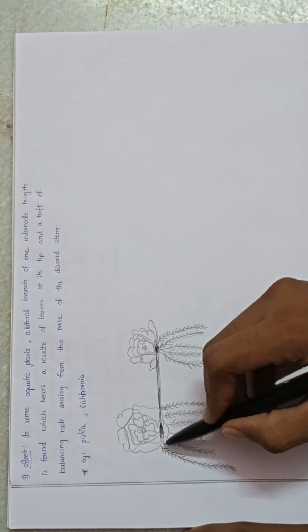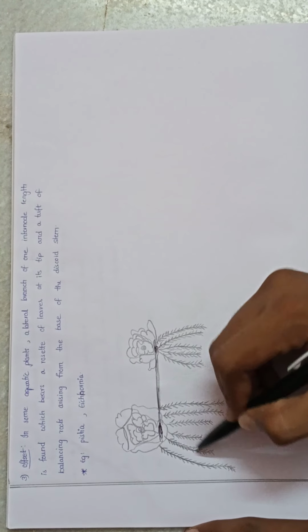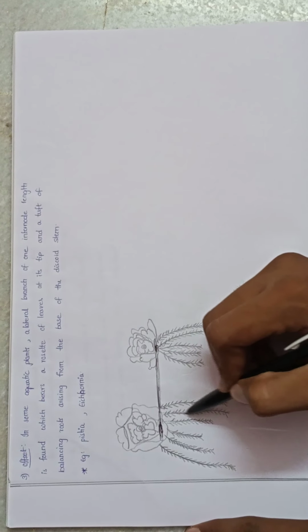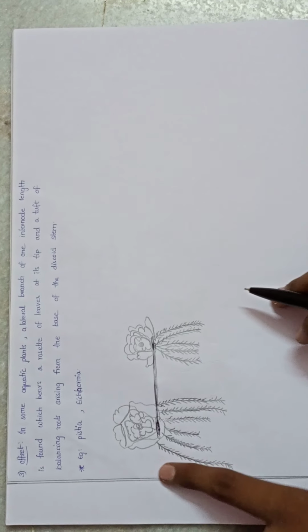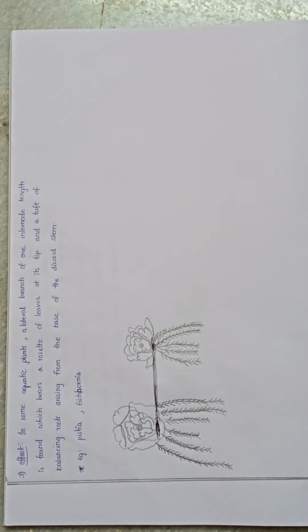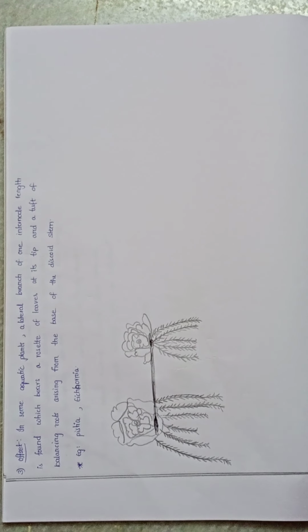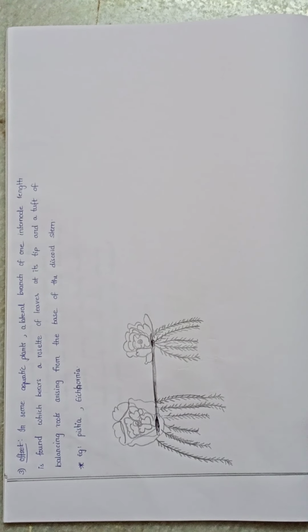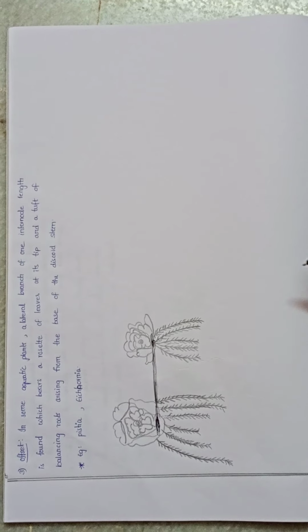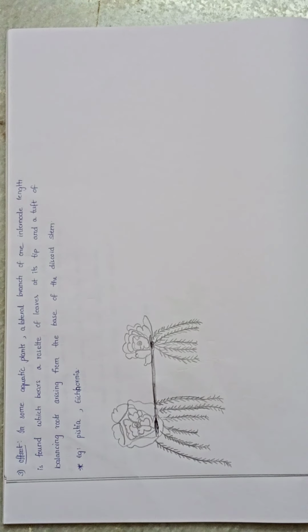And these have roots called balancing roots. Balancing roots help the plant to maintain a certain depth in the water, to balance the plant in the water. That's why these balancing roots are there.